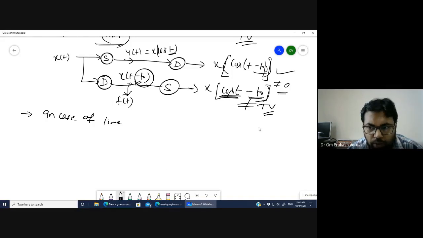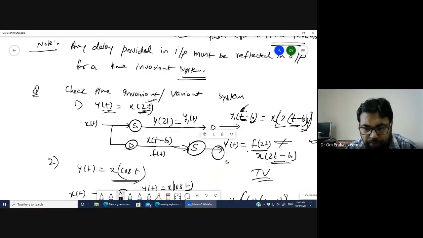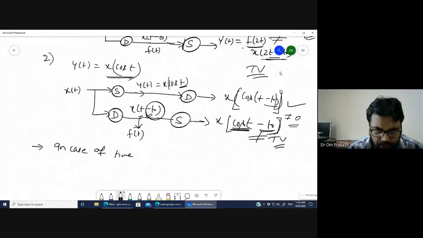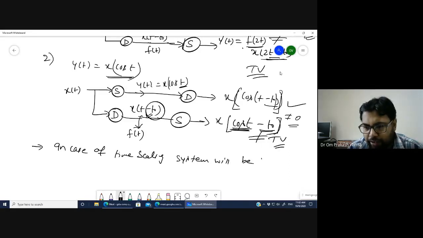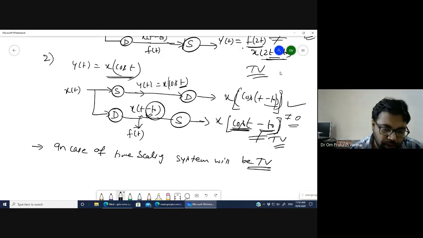When you solve x of 2t, you can see that when you are time scaling, the system is time variant. So I am concluding here. You can note as a remark: in case of time scaling, the system will be time variant.